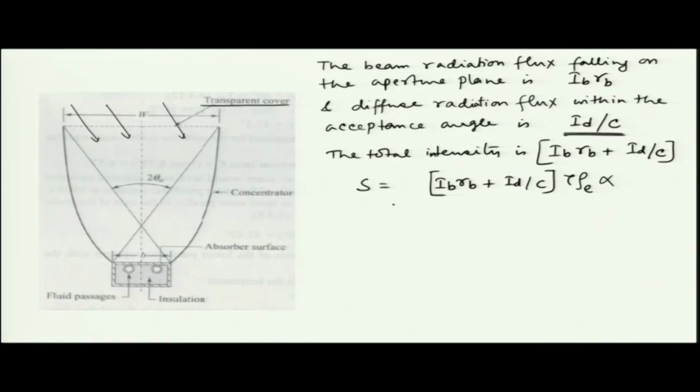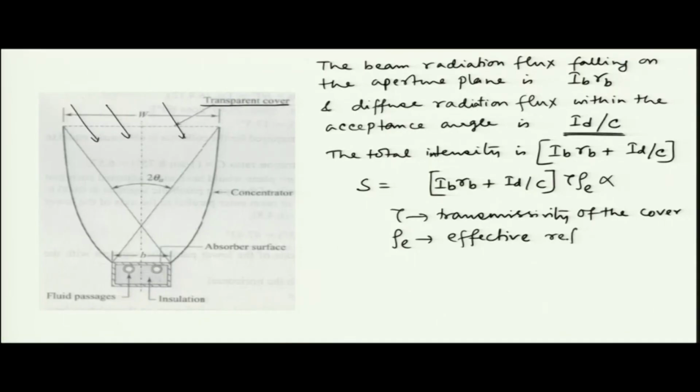So, here let me write this: tau is transmissivity of the cover, okay. Rho is the effective reflectivity, as we have seen few minutes ago. Okay.